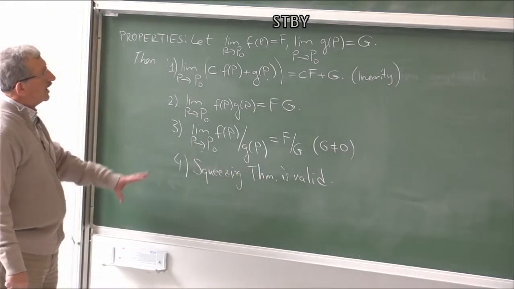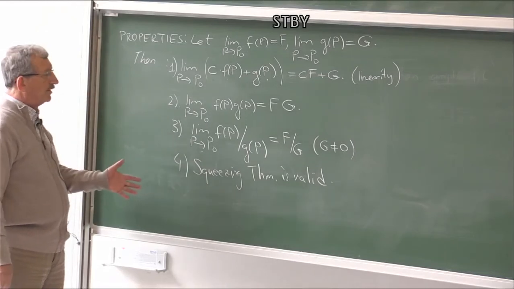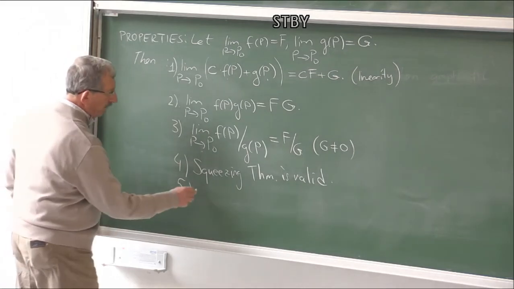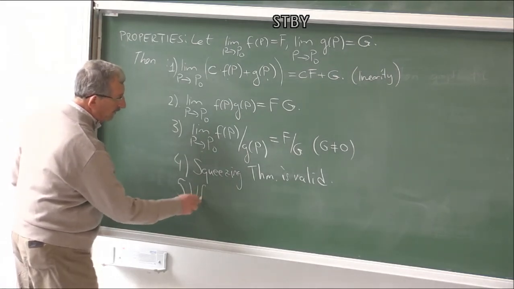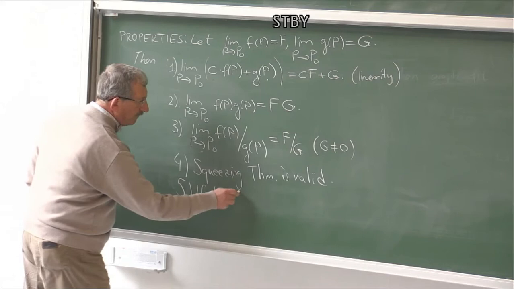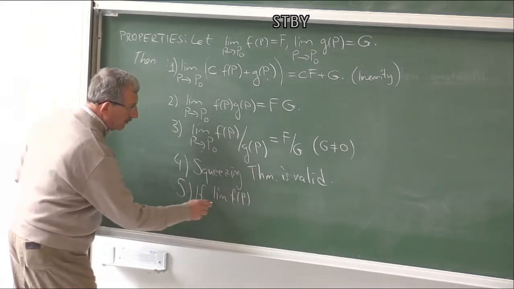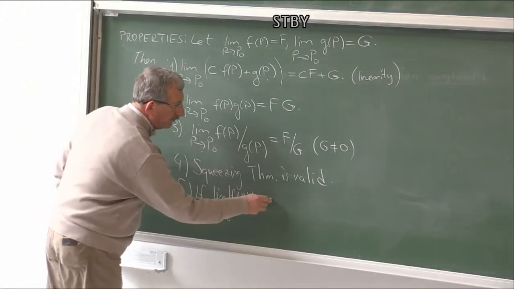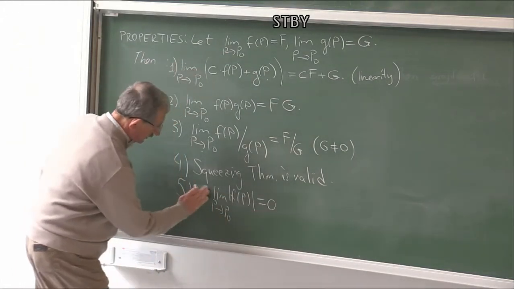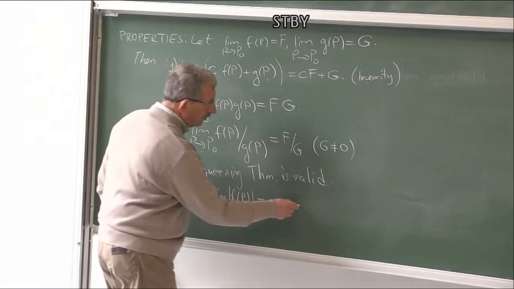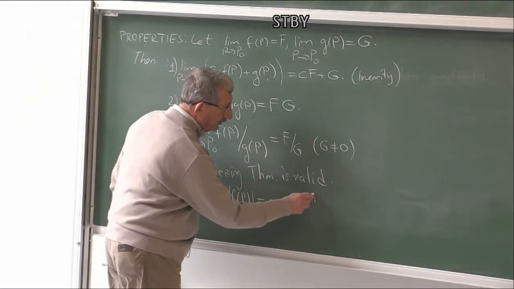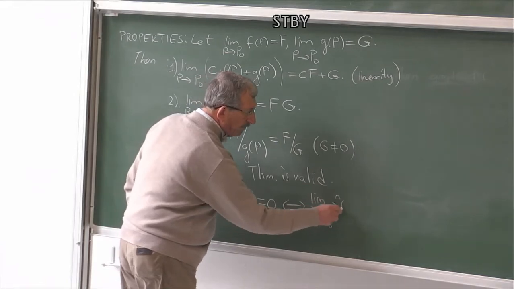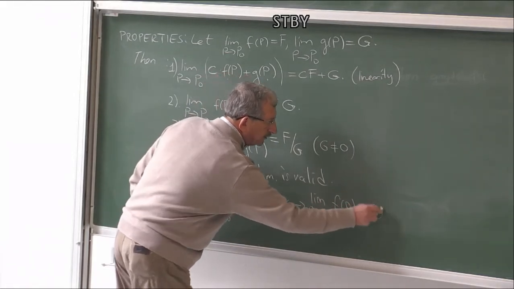Okay, to these I can add some more properties. Well, for instance, the limit of the absolute value of f of p, as p goes to p0, is 0 if and only if the limit as p goes to p0 of f of p is 0.